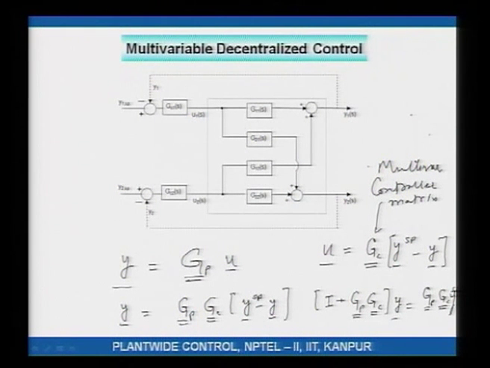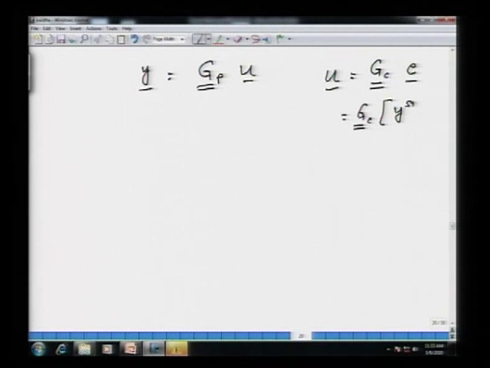So, what I had was y is equal to GP times U, and I set U equal to a controller matrix times the error, which is the controller matrix times y set point minus y.